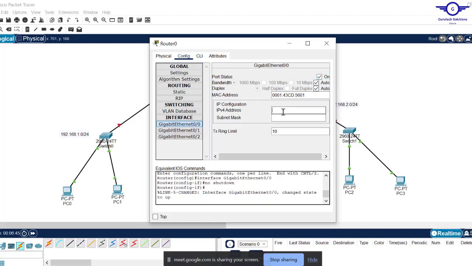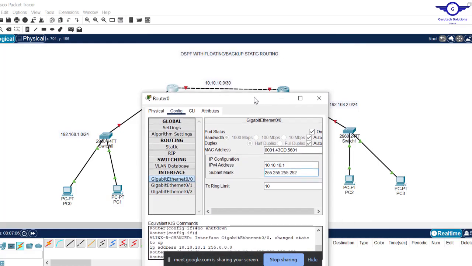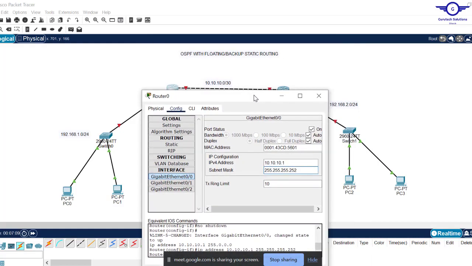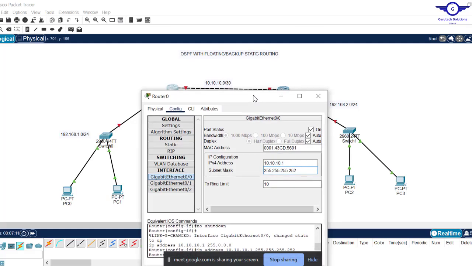Turn it on, and /30 notation is always 255.255.255.252. That's according to subnetting. Why 252? Let me repeat that again. /30 notation is equivalent to 30 bits.